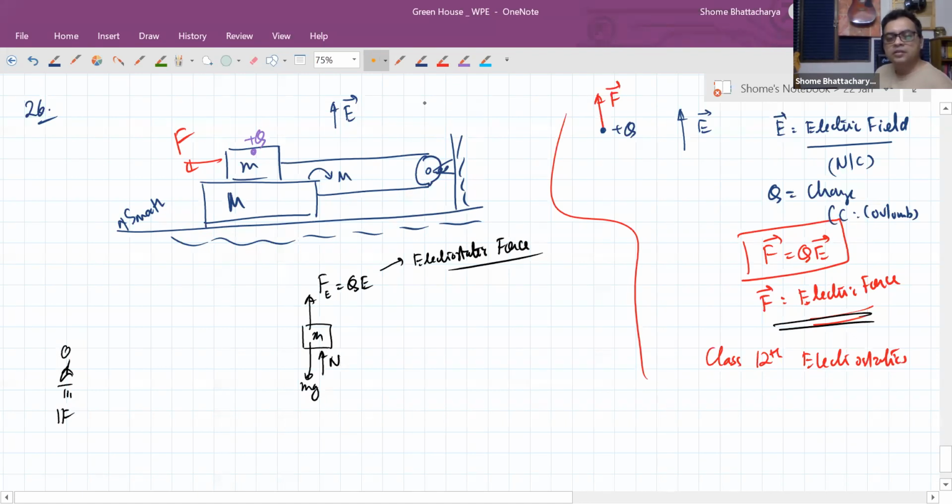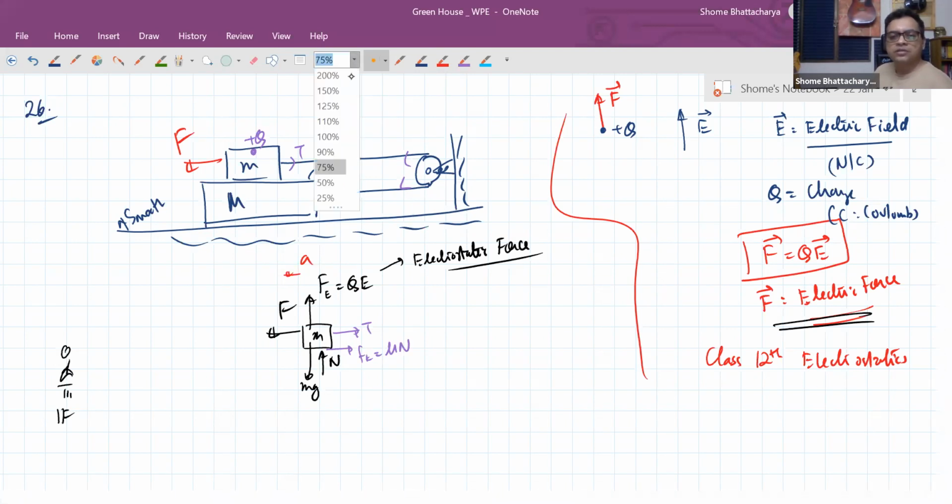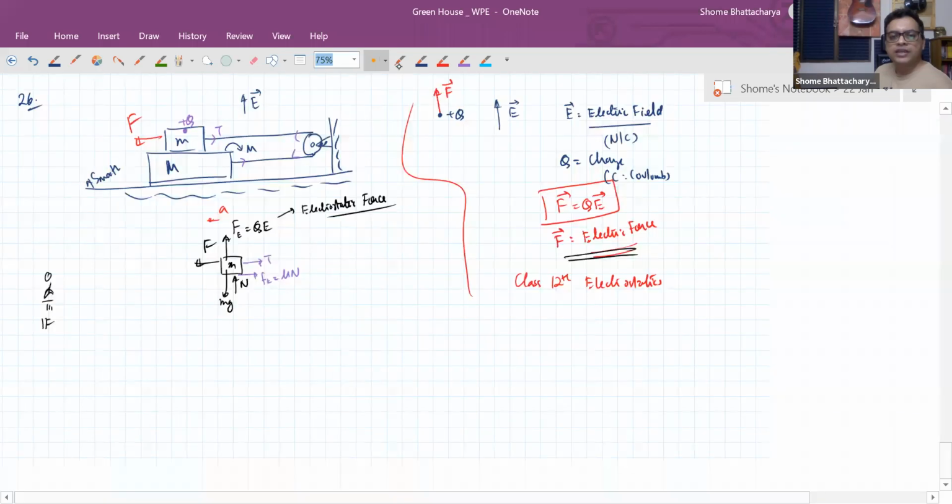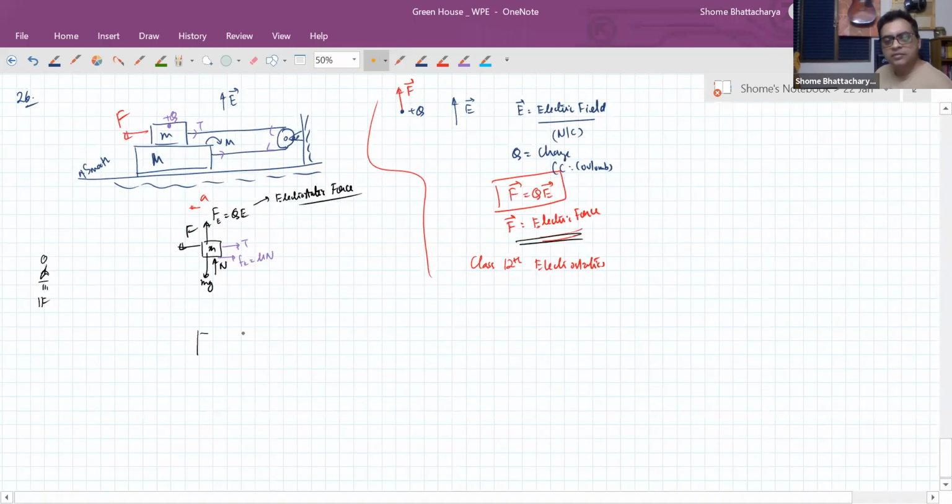Normal reaction, the horizontal force with which I am pulling, which is creating tension in the thread. Okay, which is tendency to slip is in that direction, so there is kinetic friction equal to mu N acting like this, and let's say it is accelerating with A like this. So now the other one will have an equal and opposite acceleration because they are connected by a thread.